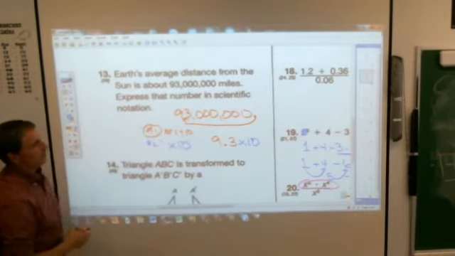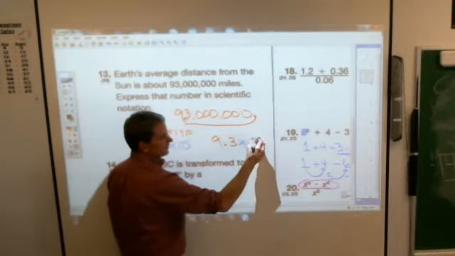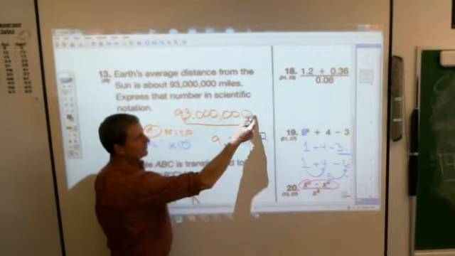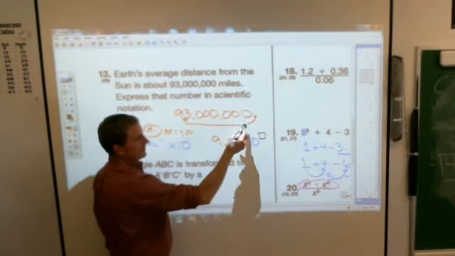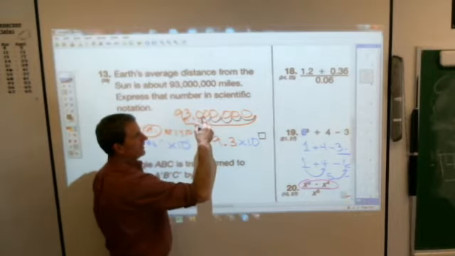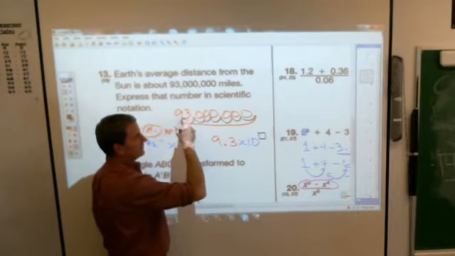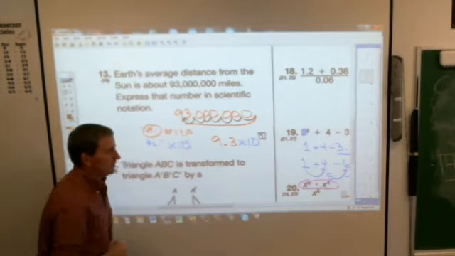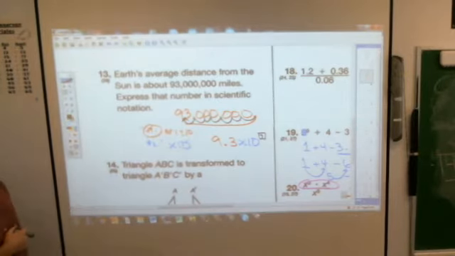And then step number 3 is I have to find what exponent of 10 I'm using. That exponent is how many places I moved that decimal. 1, 2, 3, 4, 5, 6, 7. That's my exponent of 10. 9.3 times 10 to the 7.